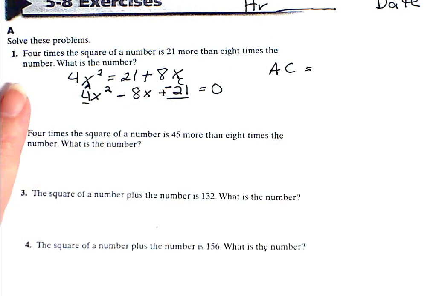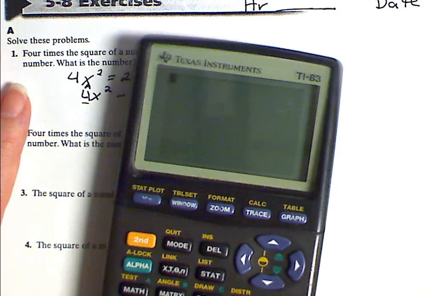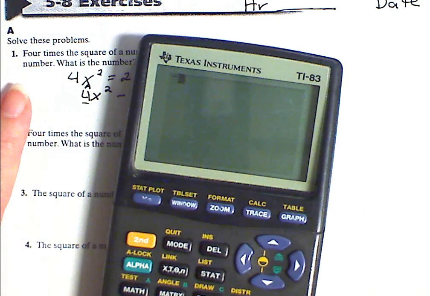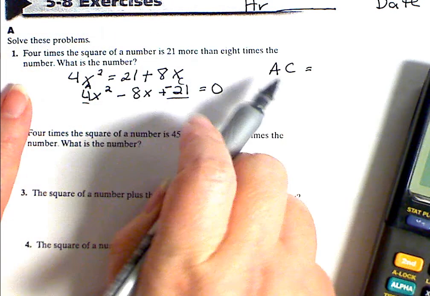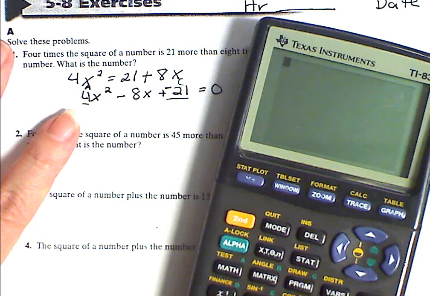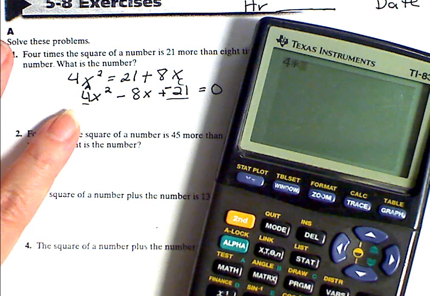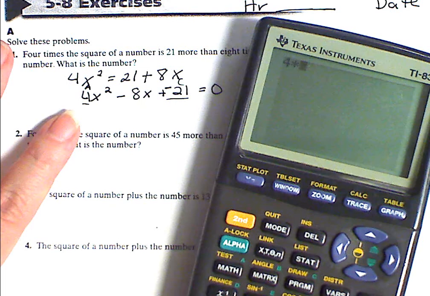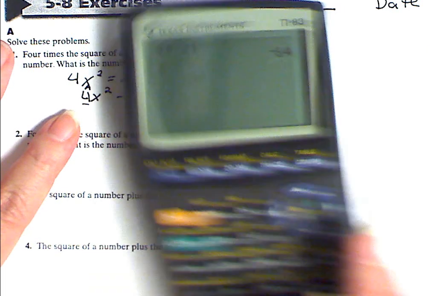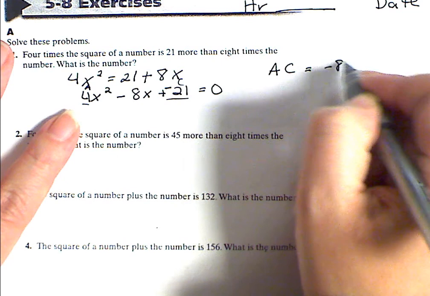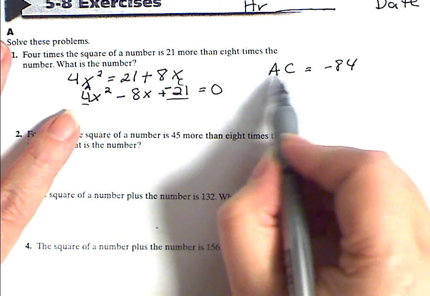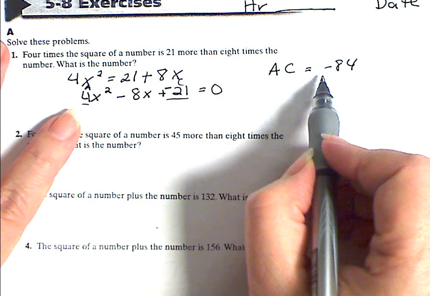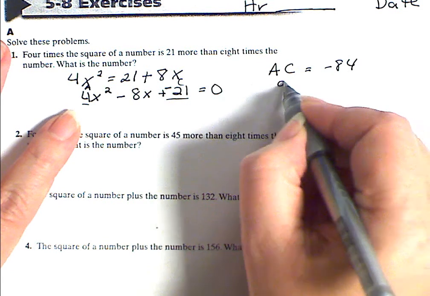AC means A times C. So you're going 4 times negative 21, so it gets negative 84. So I'm looking for 2 numbers that multiply together to give me negative 84, that when I add them equal negative 8.